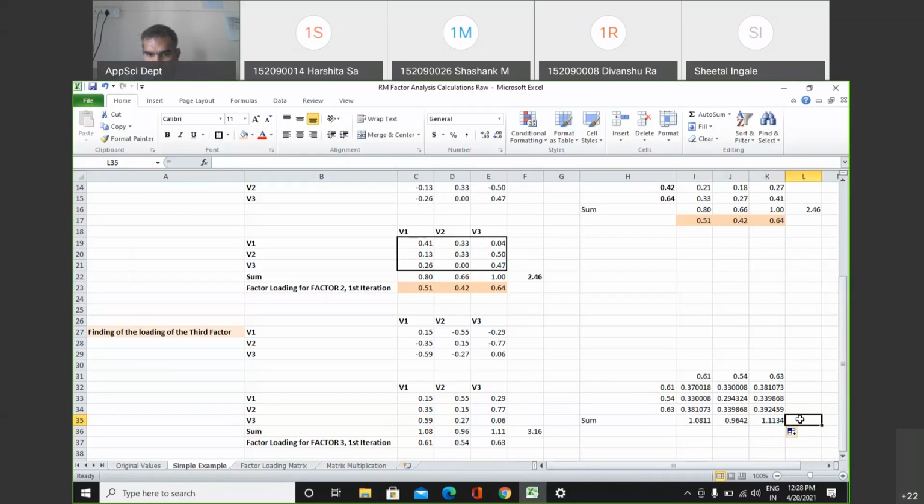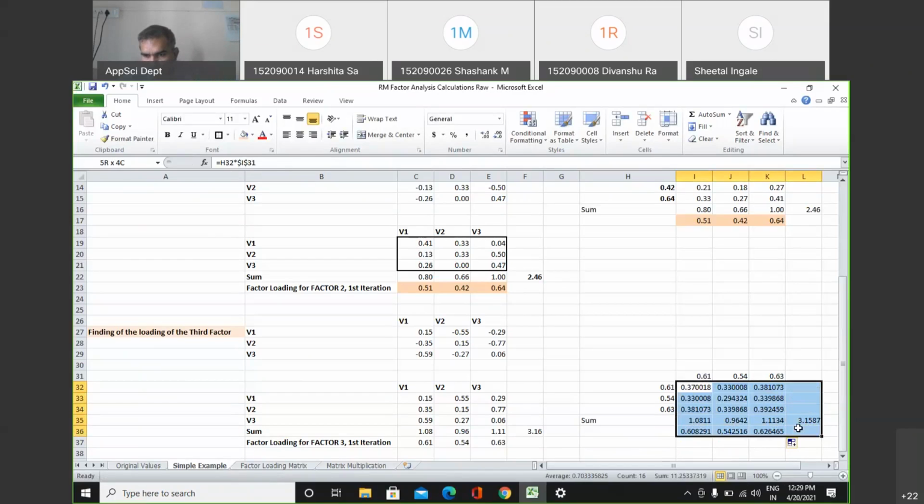Okay. Yeah. So this number came the same, so the rest will also be the same. Still we will do the process because it won't take much time. It will become the same in rounding.